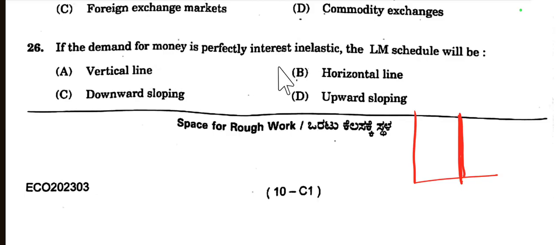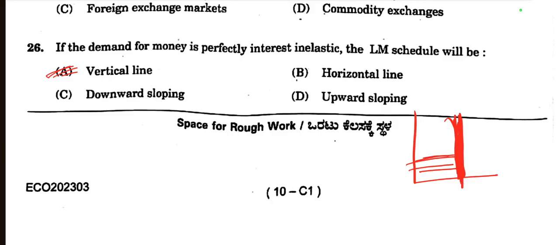If the demand for money is perfectly interest inelastic, then the LM schedule will be a vertical line, because in this case changes in the interest rate have no effect on the demand for money. So people want to hold a fixed amount of money regardless of interest rate levels. Whatever the interest level, people want a fixed amount of money.